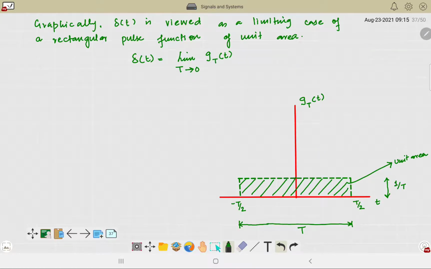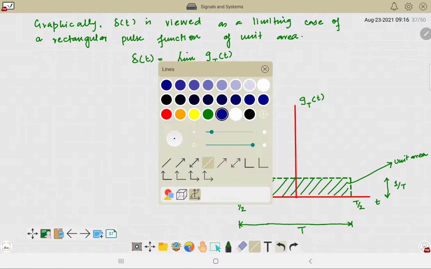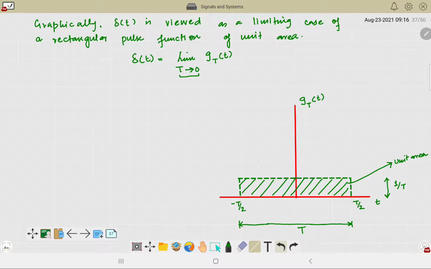But we also have to ensure that T tends to 0. Fine. So the way we visualize it, we tend to reduce this. In other words, we try to reduce the width of the pulse. Like this.